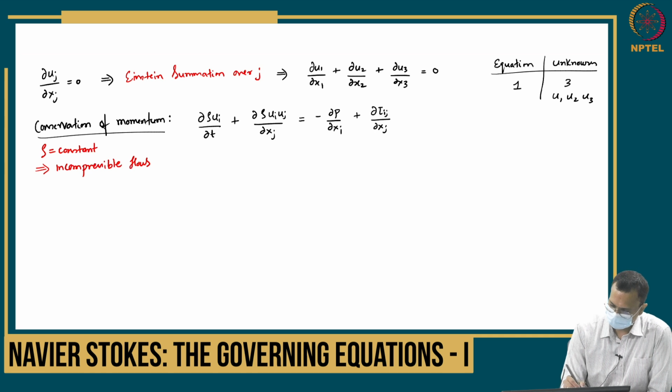So I have dou ui by dou t plus, now I can use product rule again here.